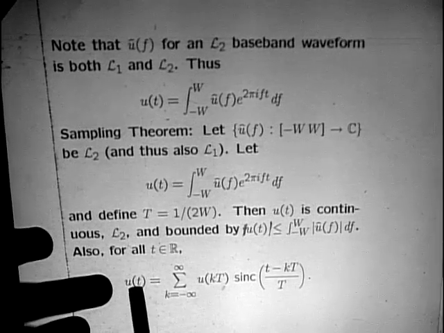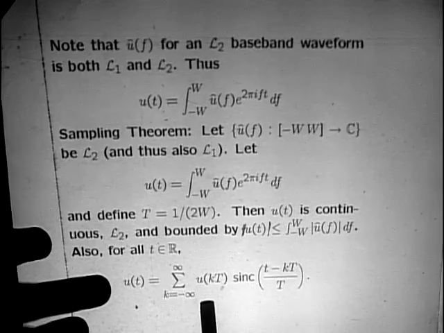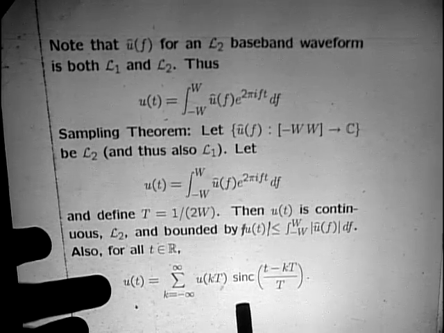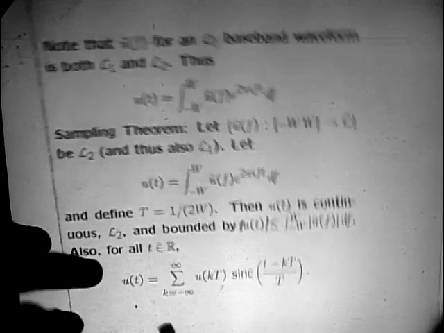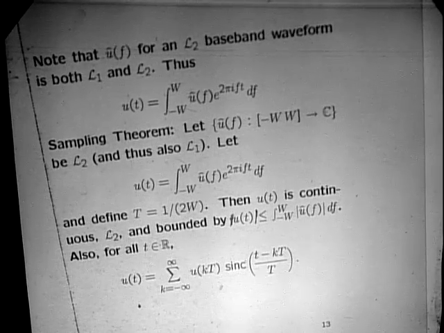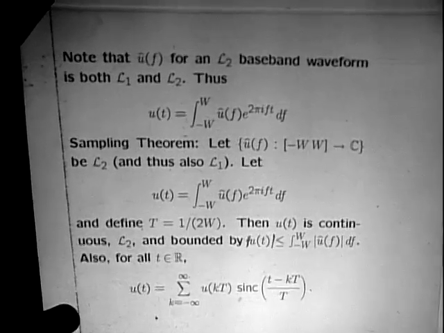Or you can take the function, you can sample it, and when you sample it, if you put these little sinc hats around all the samples, you get back to the function again. So you take all the samples, you then put these sincs around them, add them all up, and bingo, you get the function.